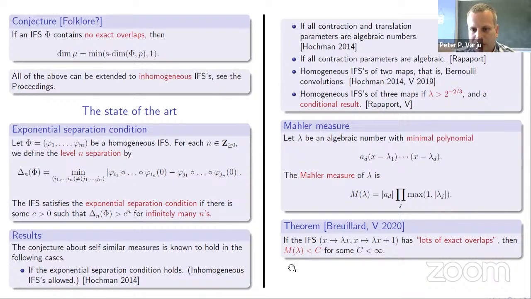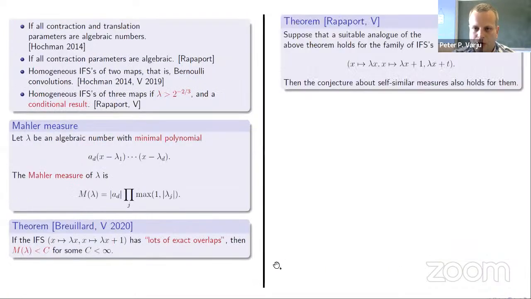And this was the bit of the proof that we couldn't generalize to 3 maps with Ariel. So what we managed to prove is that if a suitable analog of this theorem holds for the iterated function system of 3 maps, where you map x to lambda x or lambda x plus 1 or lambda x plus t, then the conjecture also holds for these iterated function systems.